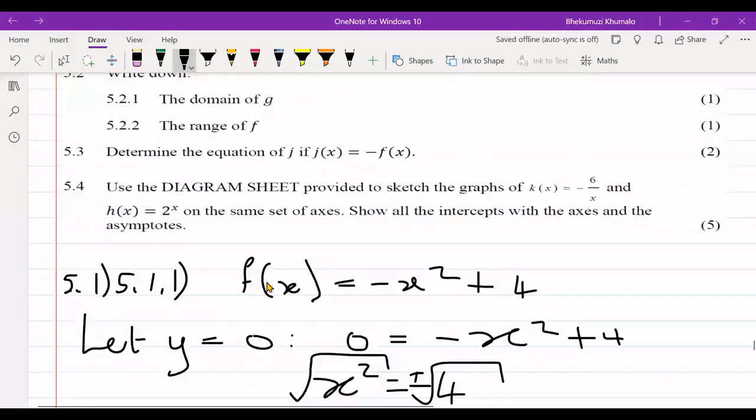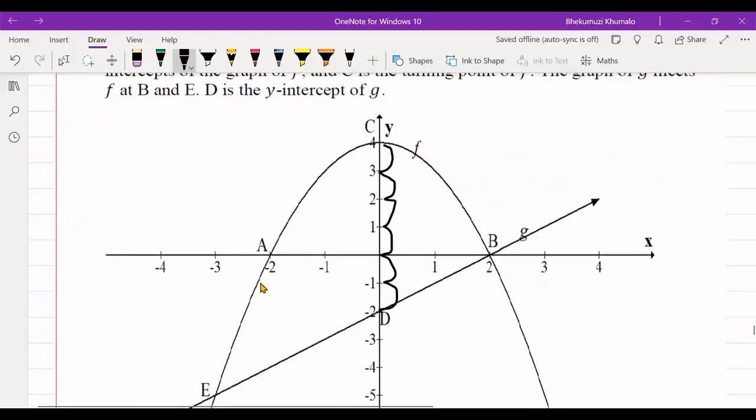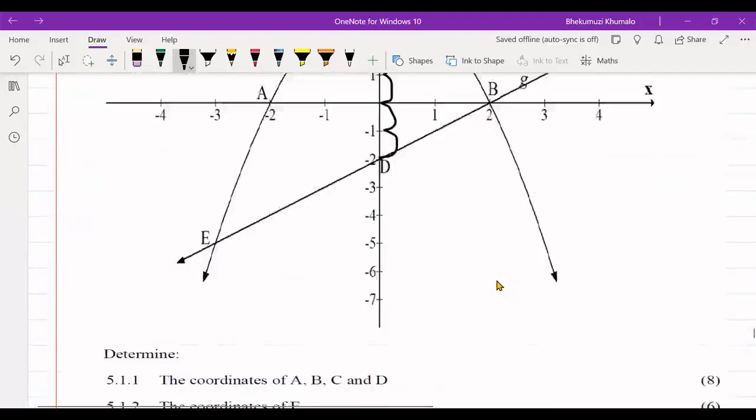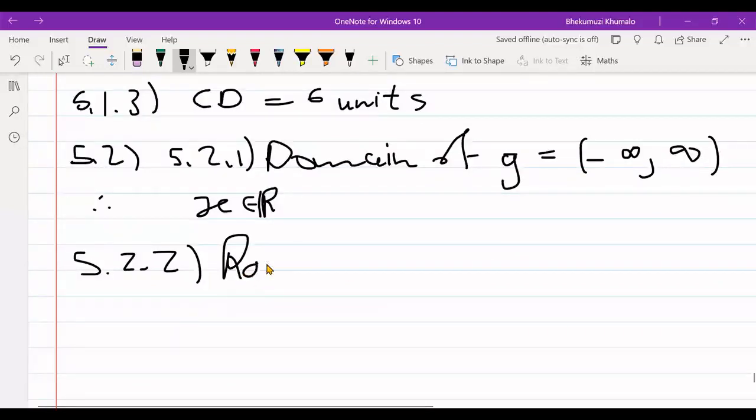5.2.2, what is the range of f? Now, with the range of f, remember, this is a parabola. When you look at it, it doesn't go any higher than 4. So 4 is actually its maximum, and everything else is its minimum because it just keeps going down. So we ask, what is the maximum and what is the minimum?